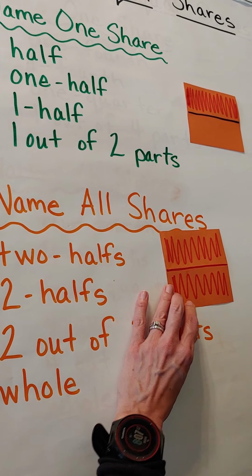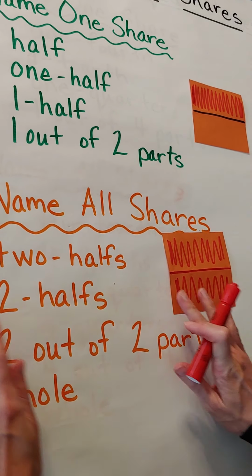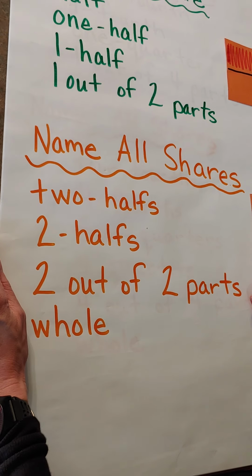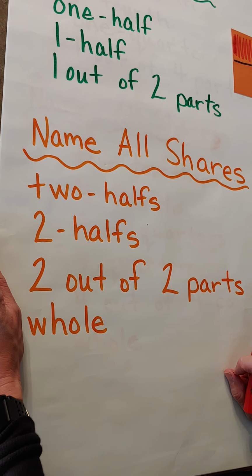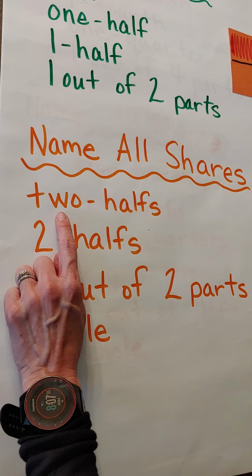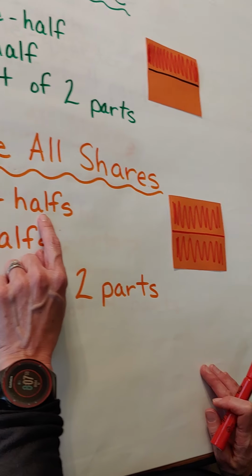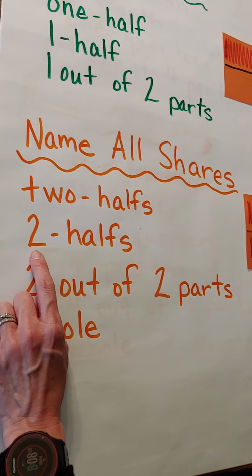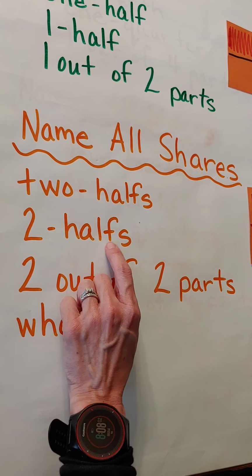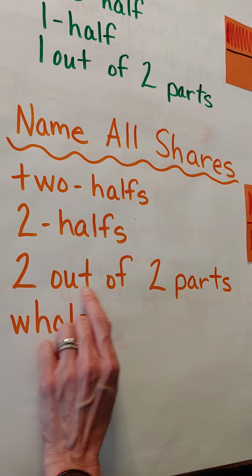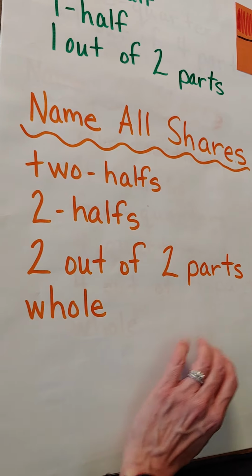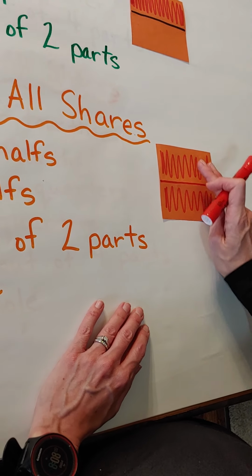They are cut on that line. But if I wanted to name both shares together, I could say that this is 2 halves. I could also use the number 2 in the word halves. 2 out of 2 parts, or it is a whole.